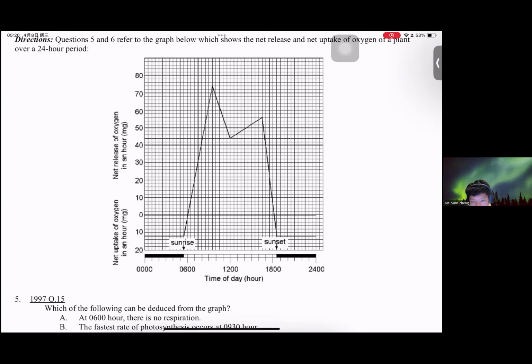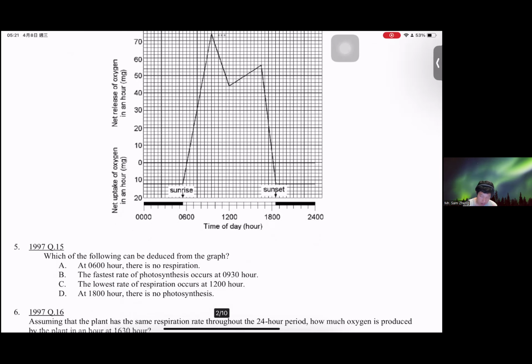After the sunrise and before the sunset, there are photosynthetic rates, causing a net release of oxygen. But of course, at some periods of time there is a net uptake of oxygen, meaning that the photosynthetic rate cannot compensate the rate of respiration. That means the use of oxygen from the respiration. Therefore it shows you that there is a net uptake of oxygen.